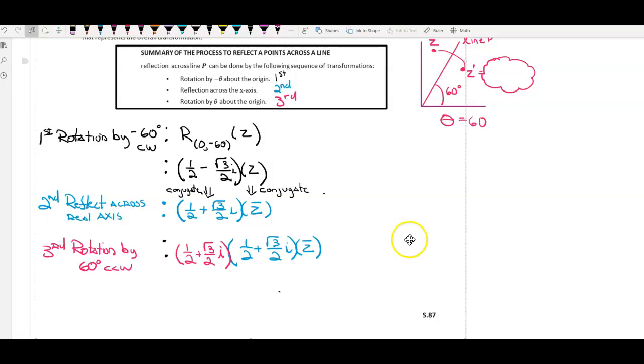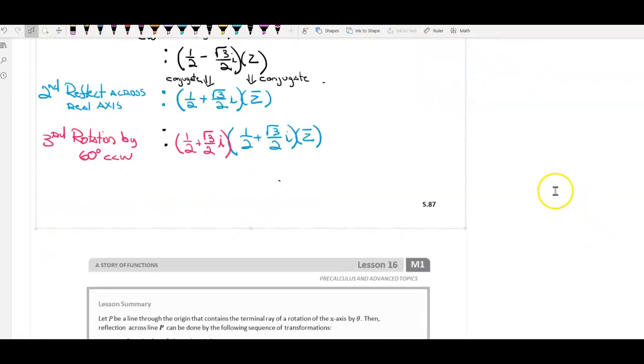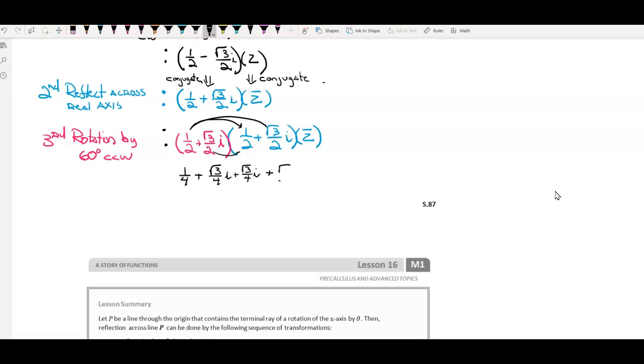Now multiply it all out. Okay, so 1/2 times 1/2, 1/4. 1/2 times root 3 over 2 is root 3 over 4i. Now this half plus, whoops, I did that wrong.